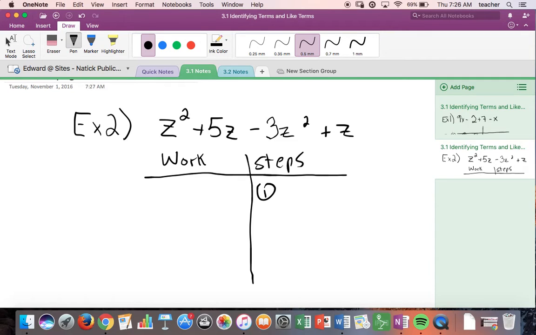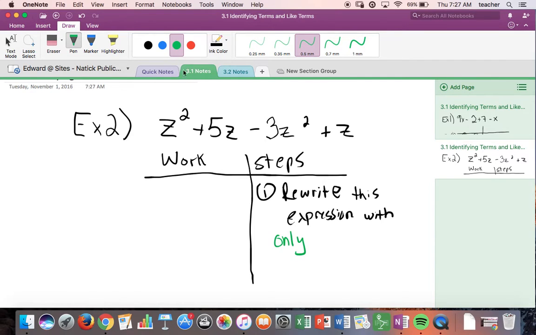Alright, so the first step is going to be rewrite this expression with only, and hold on, let me put only in a different color, with only addition signs.